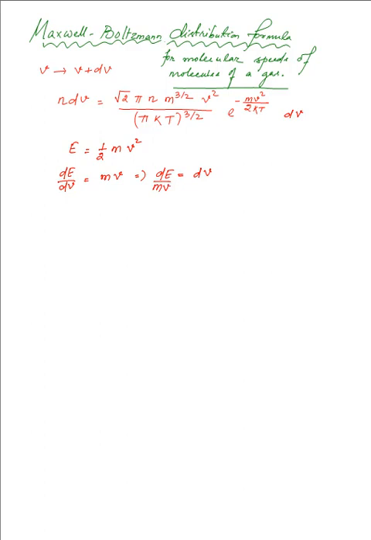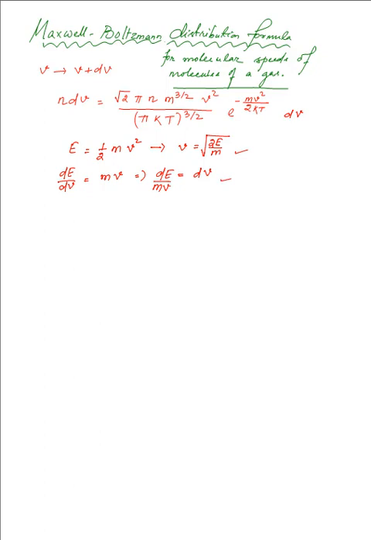What that gives us is that v is equal to the square root of 2E over m. So we use this value for v and this value for dv in the above equation, and what we end up with is the range of energy.